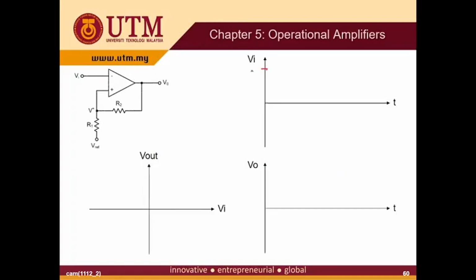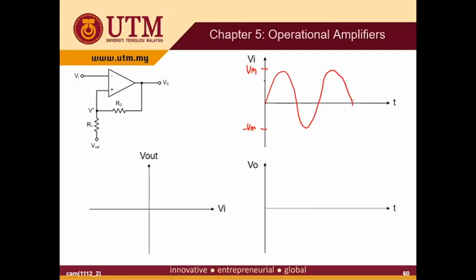Okay, let's draw the input first. So the input here, the maximum is Vm, this is minus Vm. So this is your input, and this is your output.